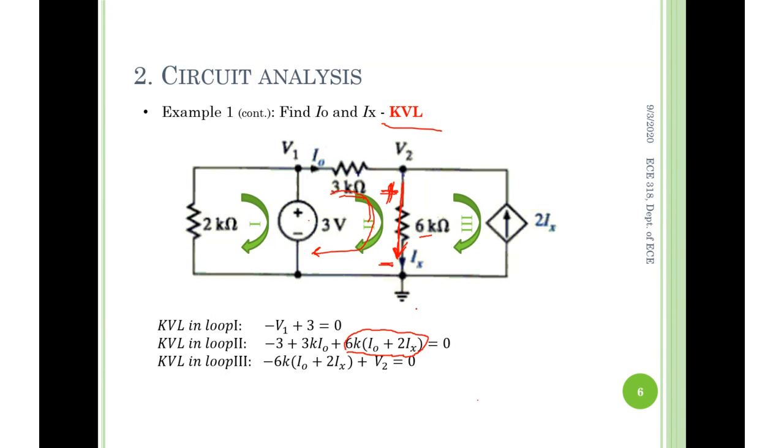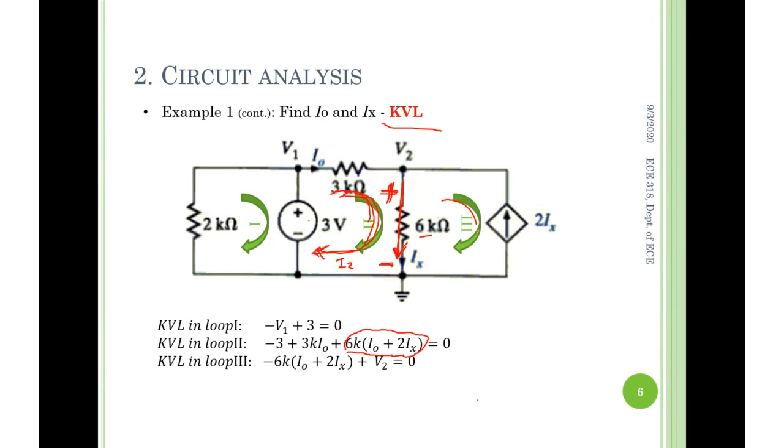However, if we are not considering this IX, just purely based on our memory about the mesh or say KVL, what do we say? Current in this loop is what? I2, right? Remember, we define I2.